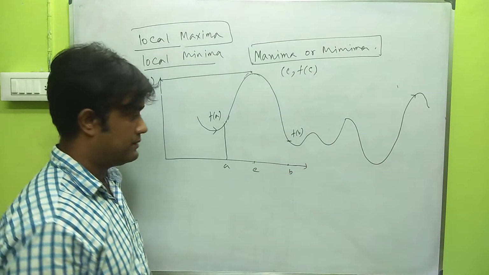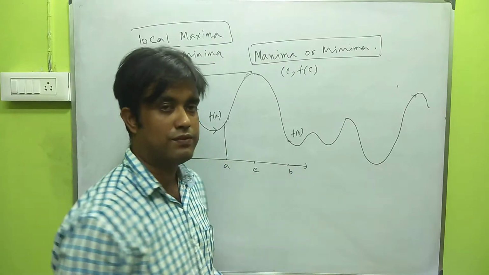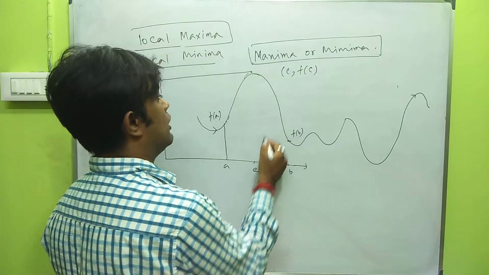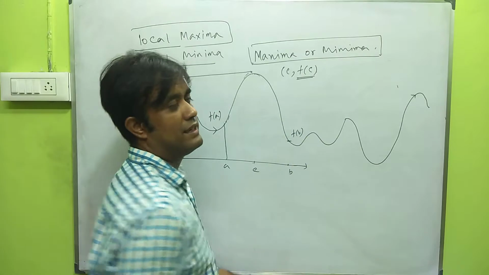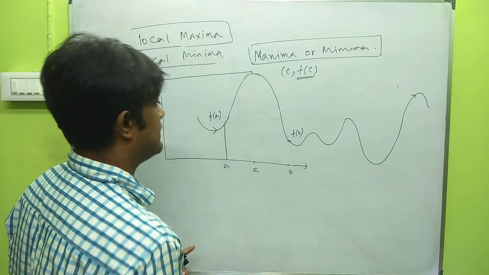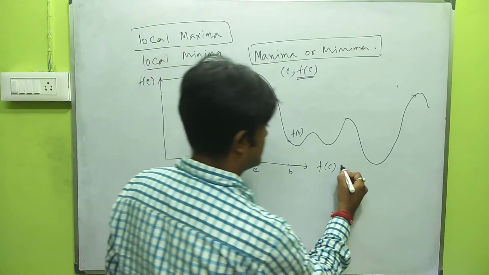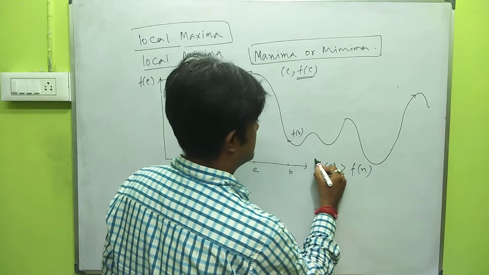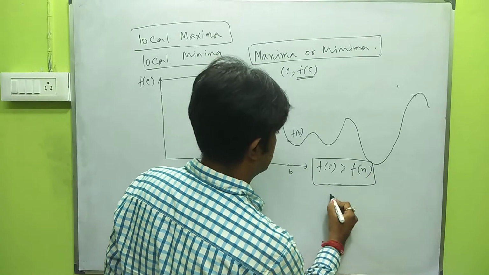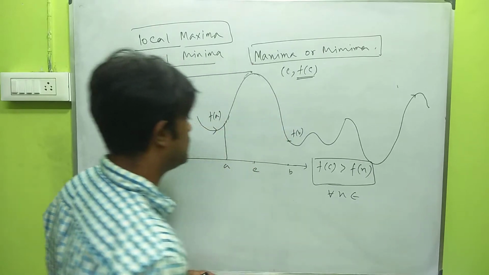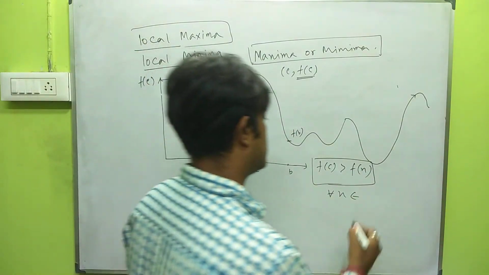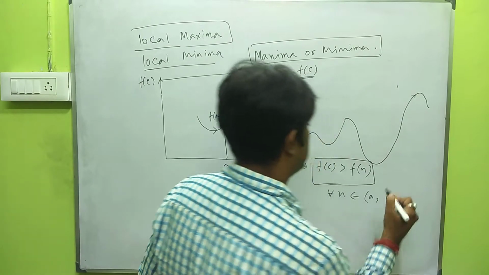At some point in this domain of the function, we observe that f of C is greater than f of x for all x belonging to the open interval AB.